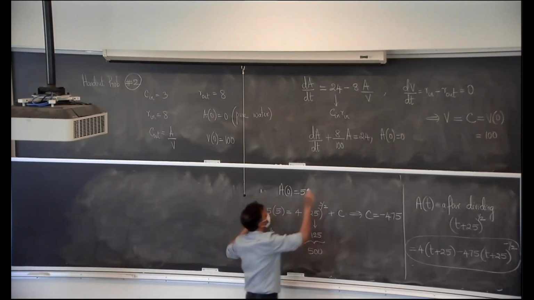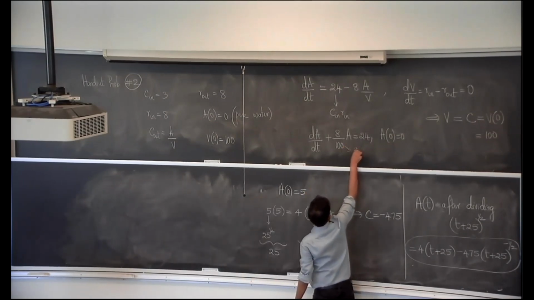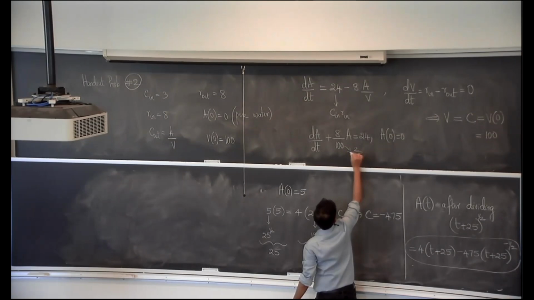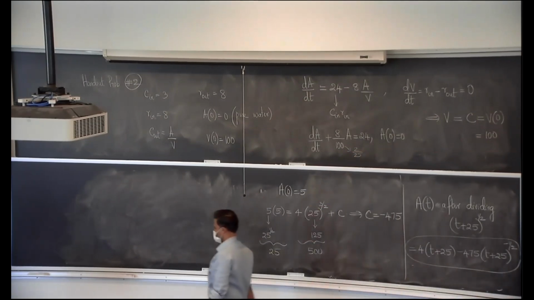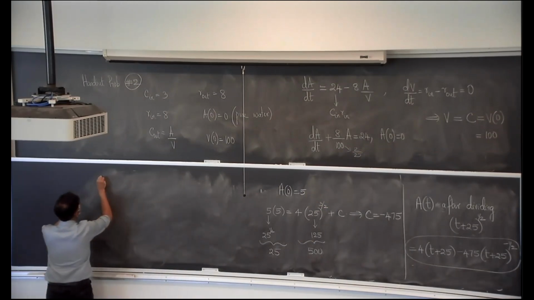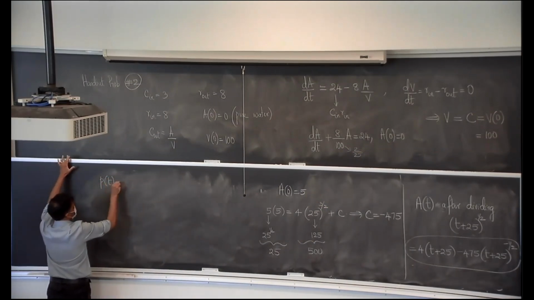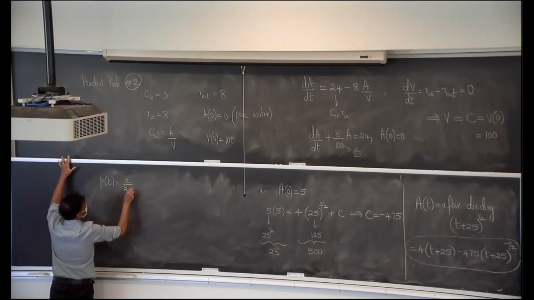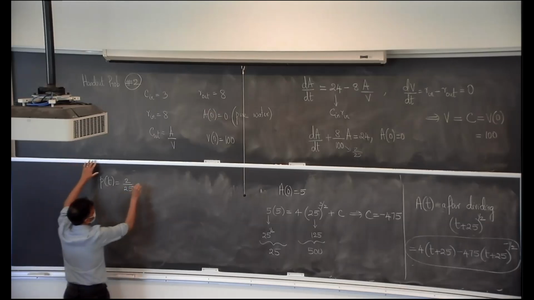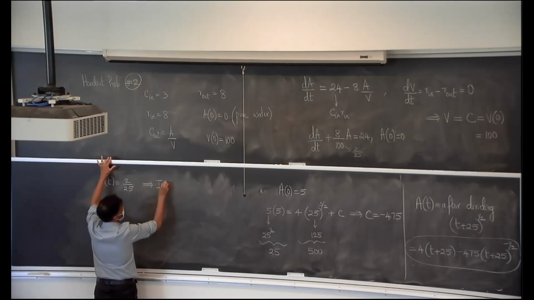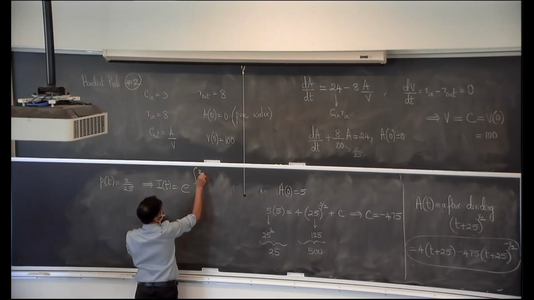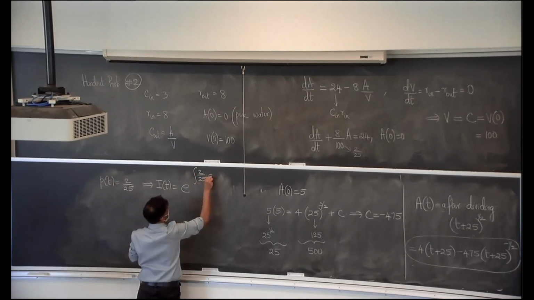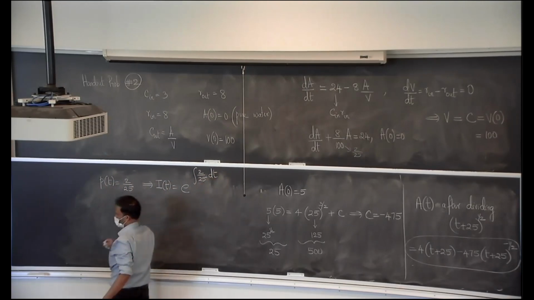So the P of t in this case is just 2 over 25. So the integrating factor is e to the power of the integral of 2 over 25 dt.